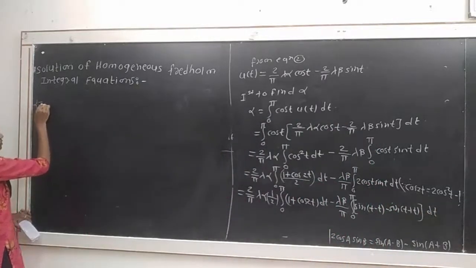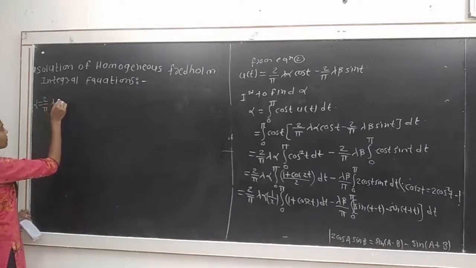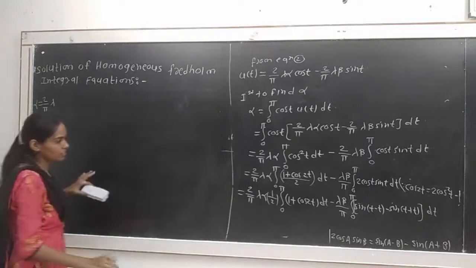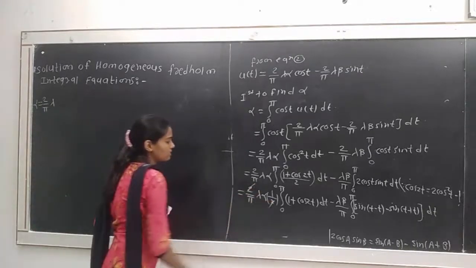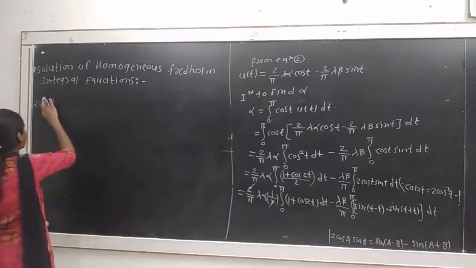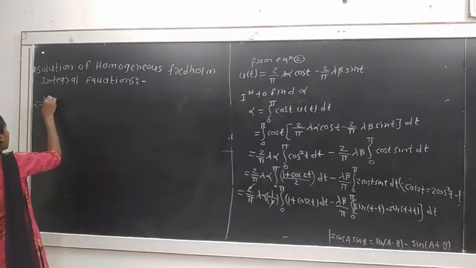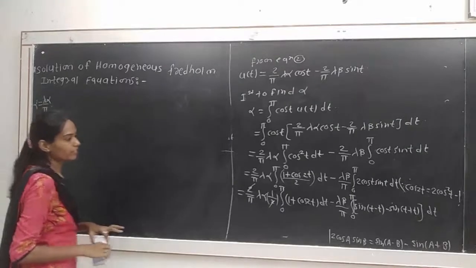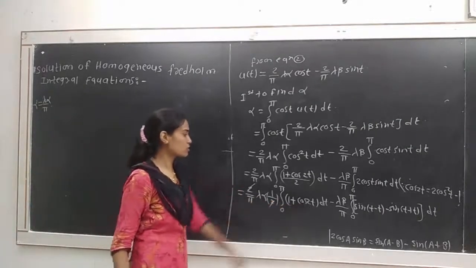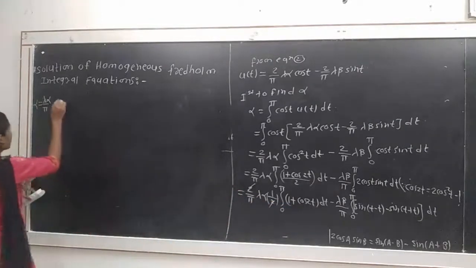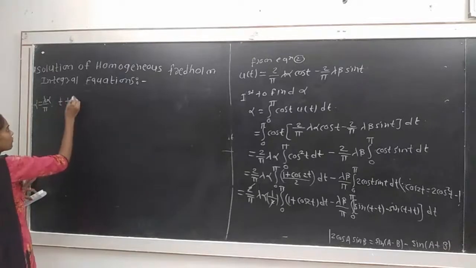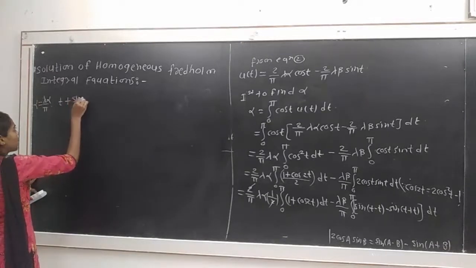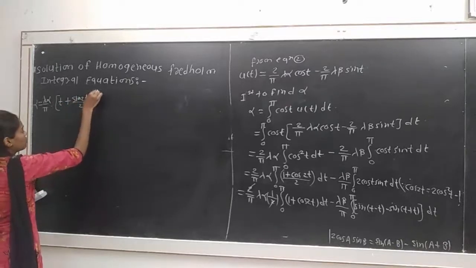Alpha is equal to 2 by pi lambda alpha, and here this 2 gets cancelled. So we have lambda alpha divided by pi, and if we take the integration of 1 plus cos of 2t, we get t plus the integration of cos 2t, which is sin 2t divided by 2, limits from 0 to pi.